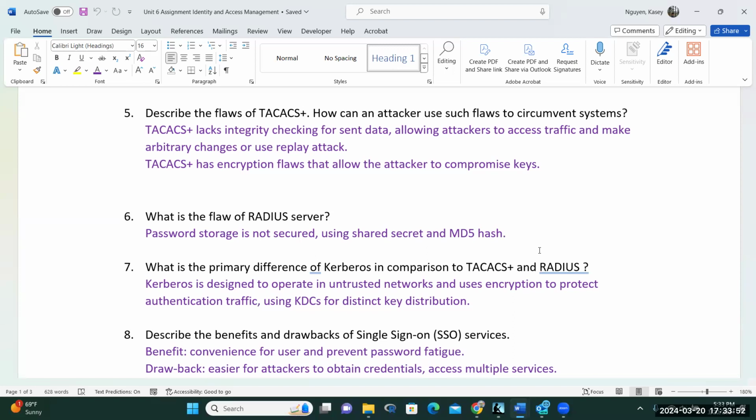When we integrate Kerberos, just know that you have to have a key distribution center, your KDC. This is used to distribute keys, because remember the other two, the problem with one of them is the key exchange: how the key is stored and how the keys are sent. So to really improve the technology, Microsoft went back and integrated the key distribution center.